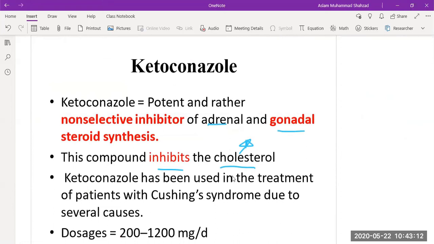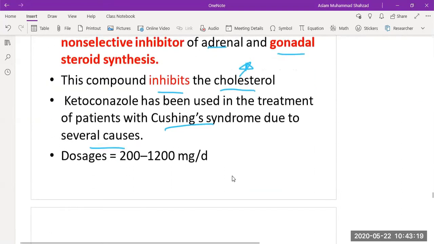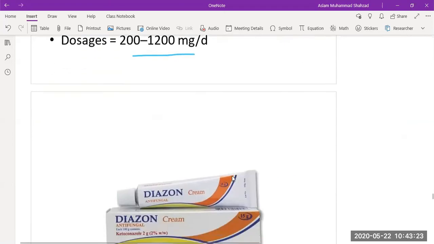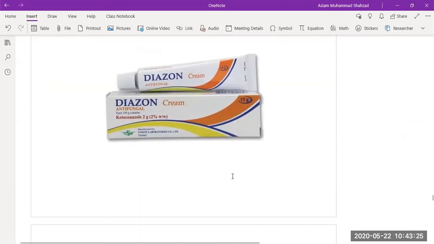They are also used for patients with Cushing syndrome for several reasons, but we are not going to discuss the reasons behind that. The recommended dose is 200 to 1200 milligrams a day. The drug that is available in the market is ketoconazole, with a number of commercial brands.